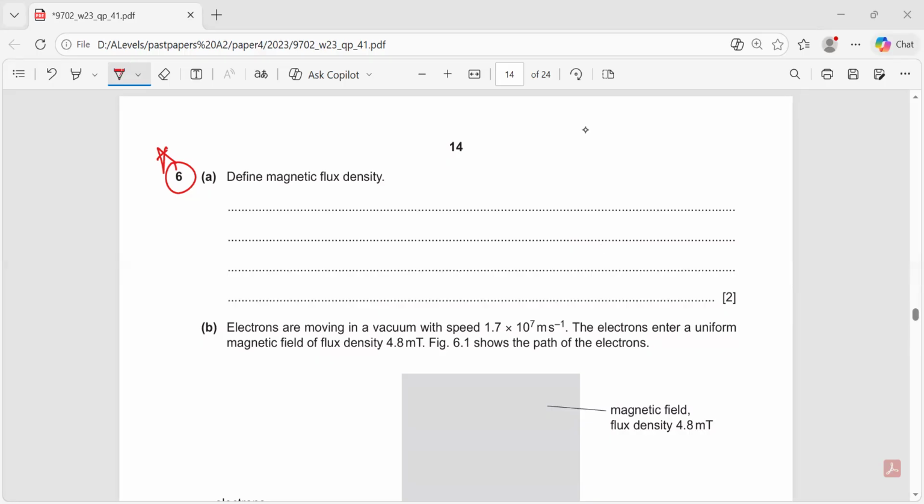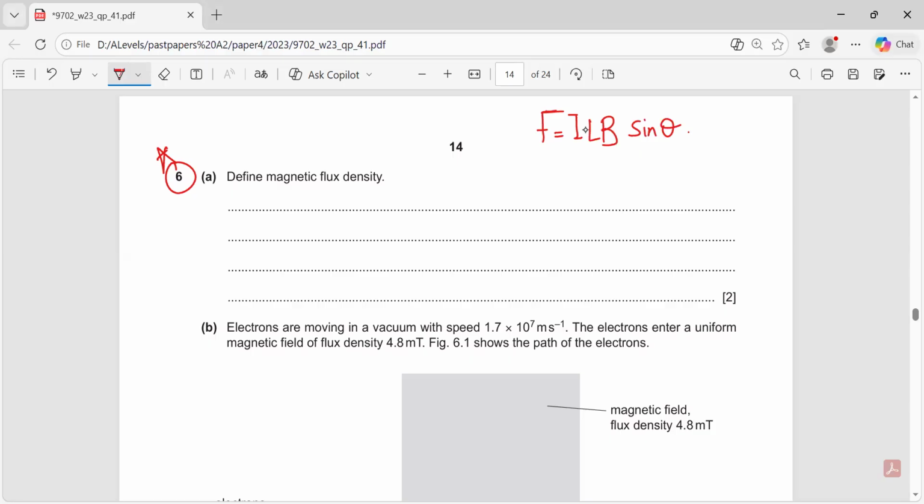Can anyone tell me what magnetic flux density is? Hurry up, please recall. You can memorize it from the formula we studied. The magnetic force formula is F equals I L B sine theta, right?